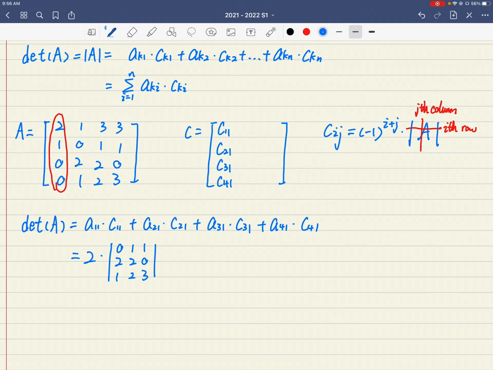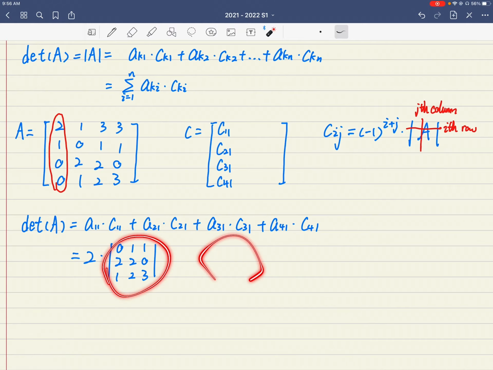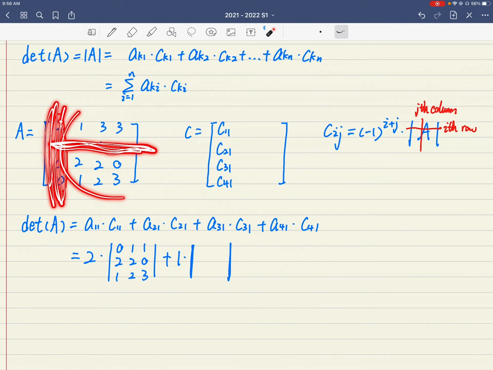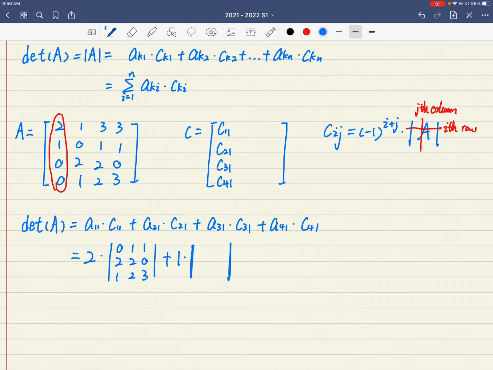The determinant of a 4x4 matrix is composed of determinants of 3x3 matrices times numbers, and then you sum them up. So it's a recursive process. You have to keep doing the determinant. And A21 is 1 times C21. C21 is the determinant of the matrix A after you've deleted the second row and the first column, so it's this matrix: 1, 3, 3, 2, 2, 0, 1, 2, 3.